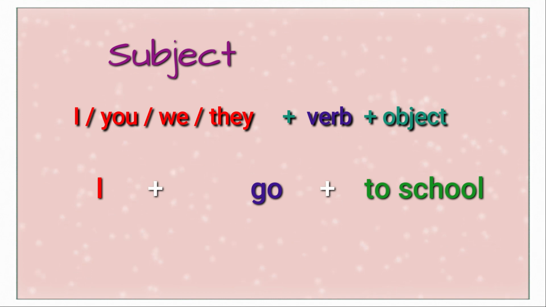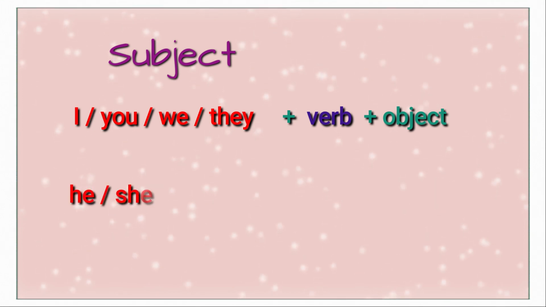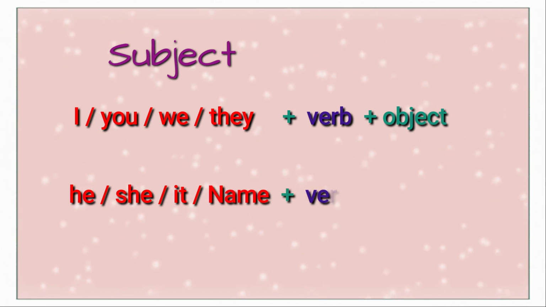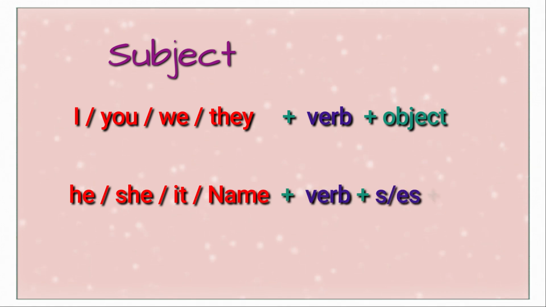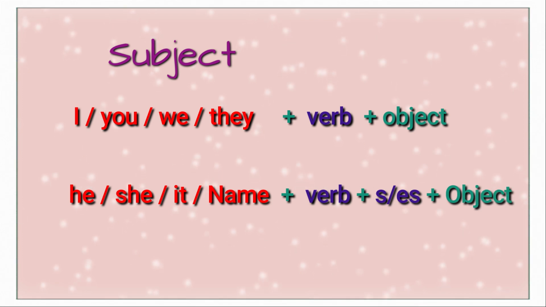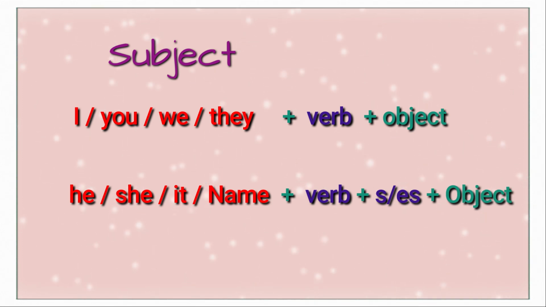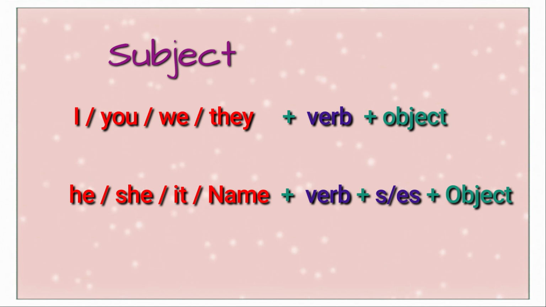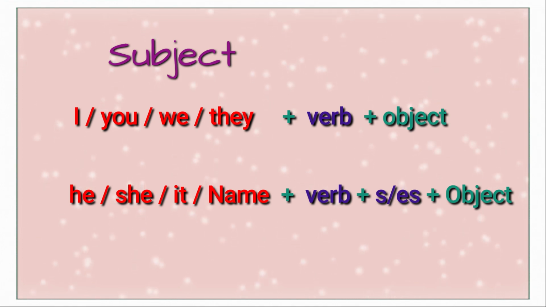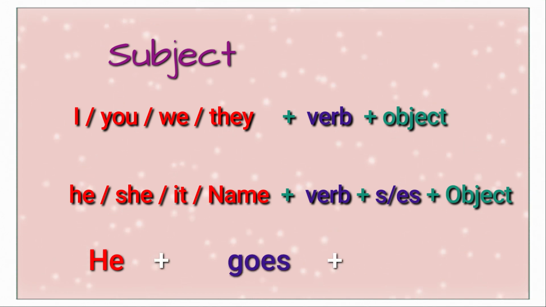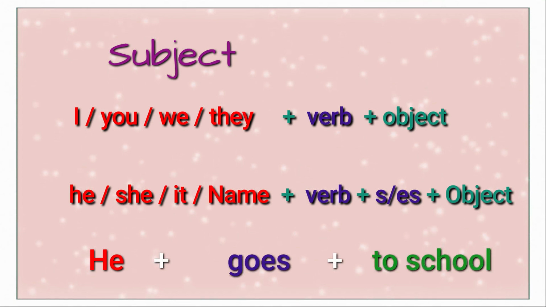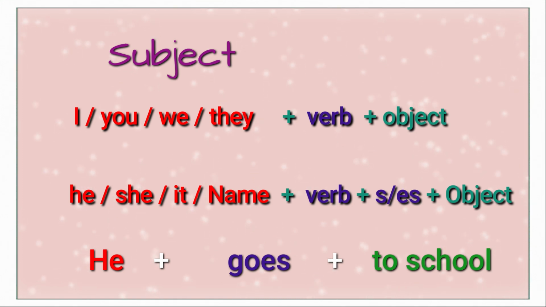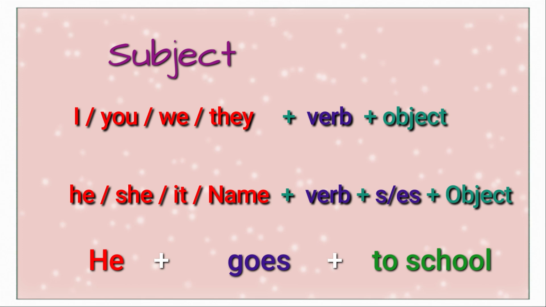When subject is he, she, it or any name, then with the verb we will add s or es. For example, in the second sentence, he goes to school. Subject is he here, so we have added es to the verb. He goes to school.